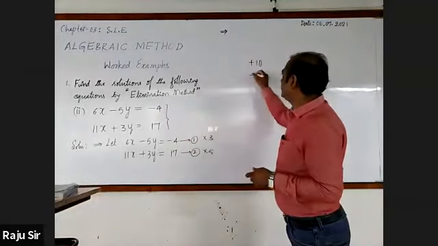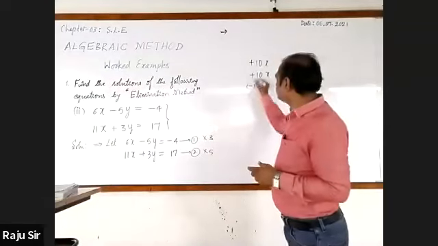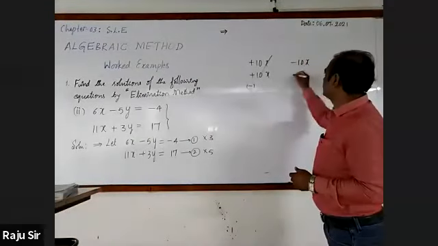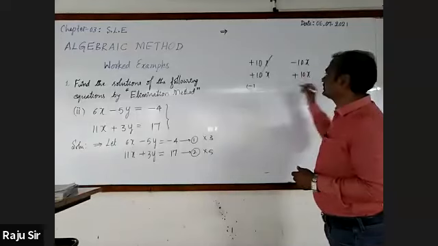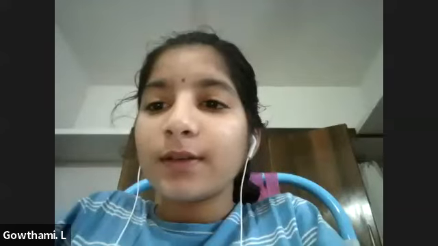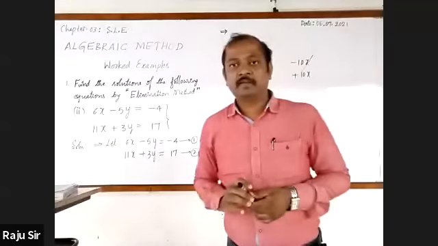I gave you the example, plus 10x and plus 10x. If the same sign, you change the sign and cancel. If one is minus 10x and another one is plus 10x, is it necessary to change the sign? No, sir. You can directly cancel. Did you understand? Yes sir. Very good.